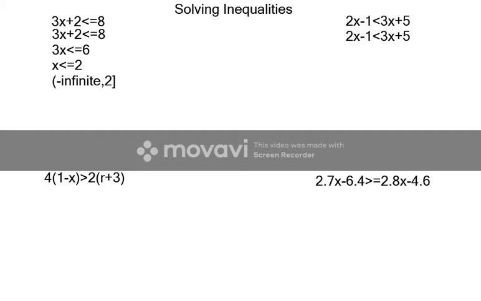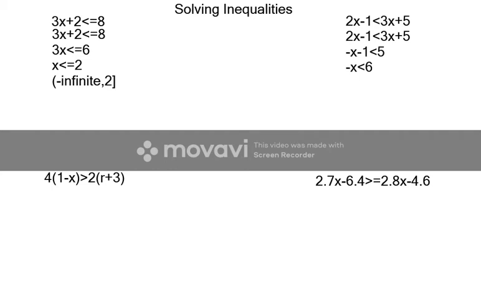Let's subtract 3x on both sides. You'll have negative x minus 1 is less than 5. Then keep isolating the variable, so now you add 1 to both sides. So you have negative x is less than 6.